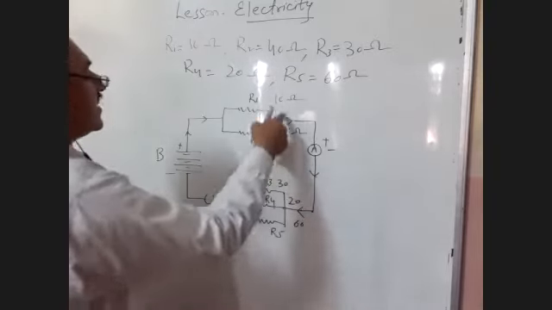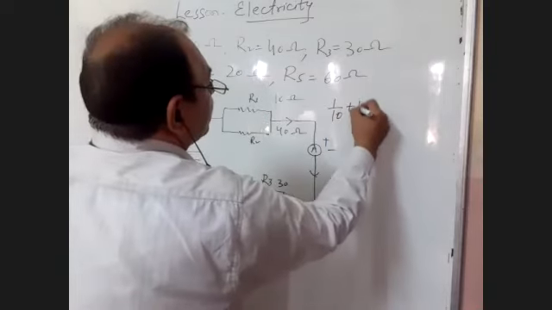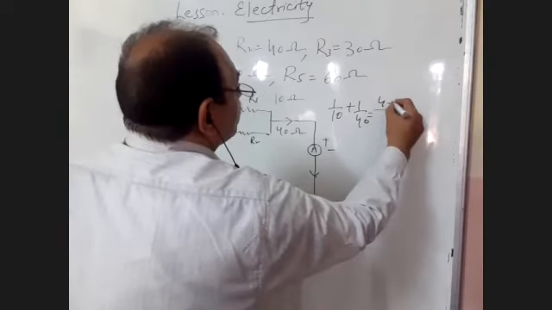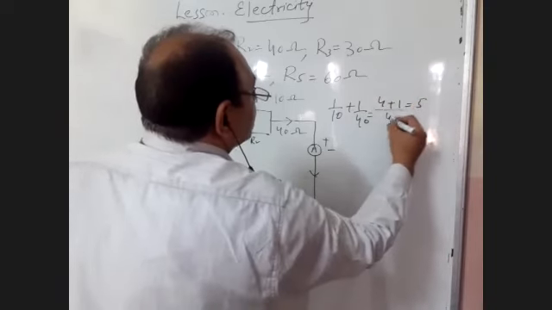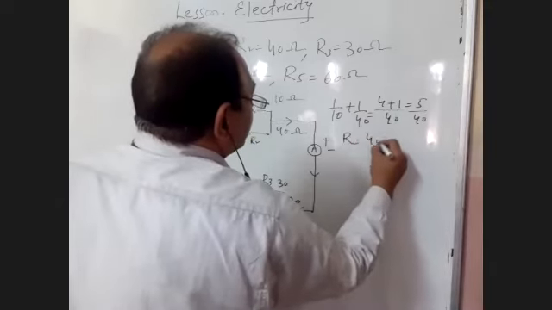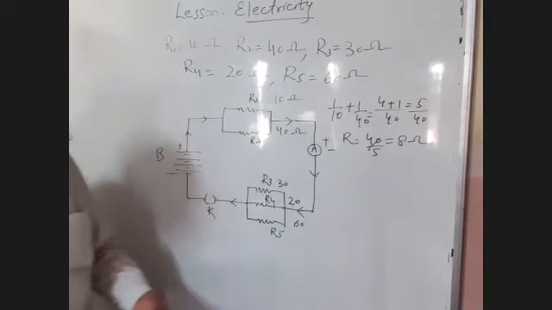Now, if they are connected in parallel, the total resistance will be 1/R = 1/10 + 1/40. The LCM is 40. 4 plus 1 is 5 by 40, so R will be 40 by 5, which is 8 ohm. Is it clear, students?